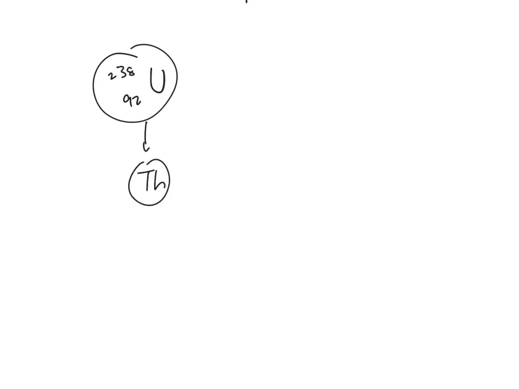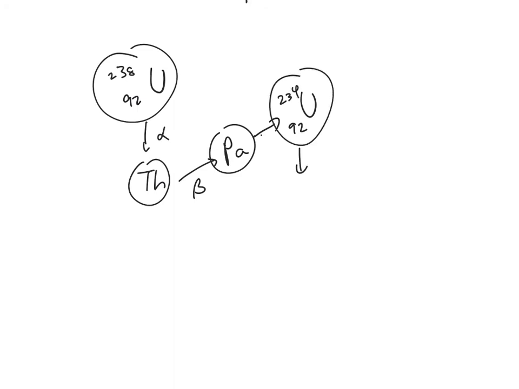So I'm not going to give you the details here, but you got uranium-92, and I already showed you this information in a little bit different format. But that's going to decay to form thorium, and let's just skip all the atomic numbers and stuff. So this is alpha decay. Then it goes to protactinium here by beta decay up to uranium-92, 234, and then it keeps going.